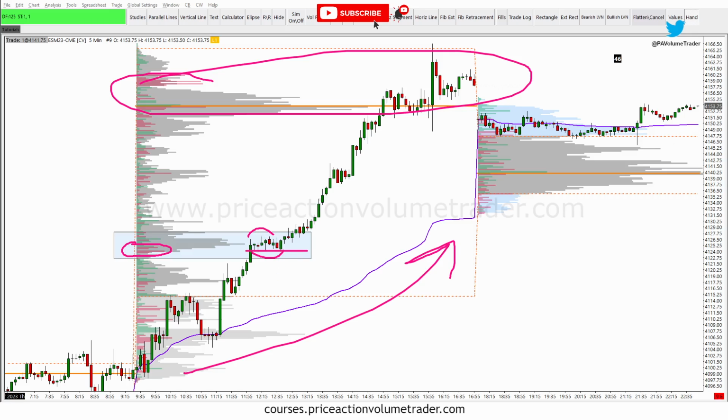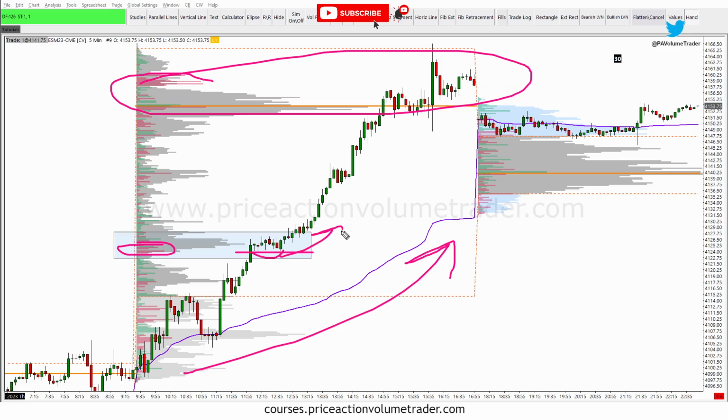And what happened was there were big traders loading up on long orders here, using all this negative order flow of aggressive selling in order to fill up their big limit buy orders.